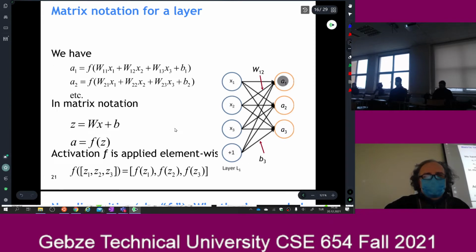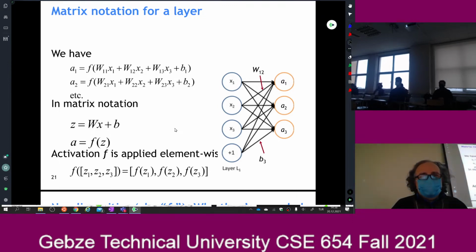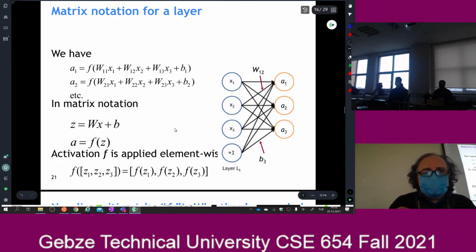For this neuron, I multiply my inputs, these three numbers plus the bias, with these four numbers, W11, W12, W13, and B1, okay? And for this one, I am multiplying with these four numbers, and for this one, there will be four different numbers. It looks like I have a matrix like this.